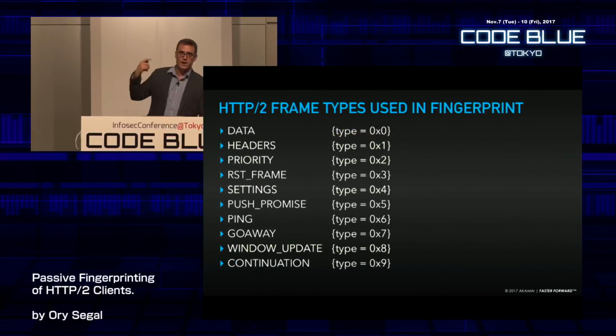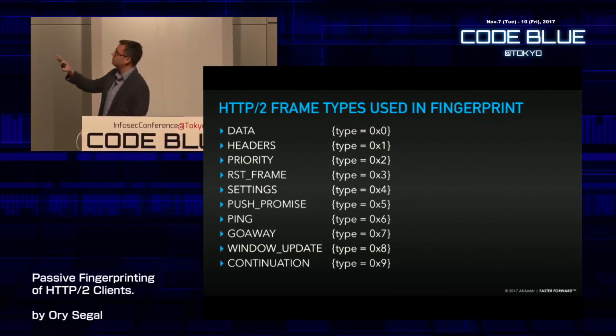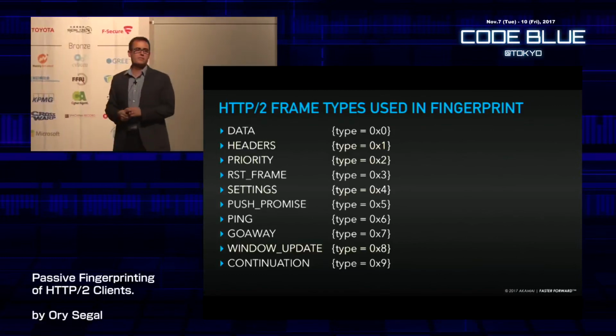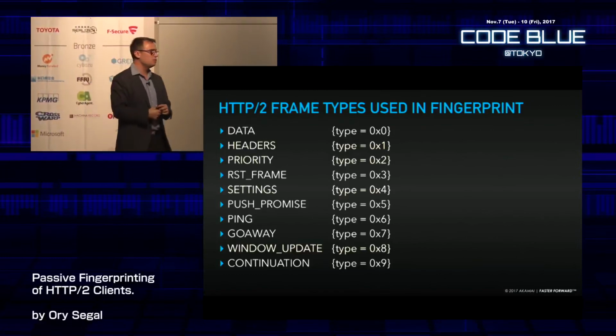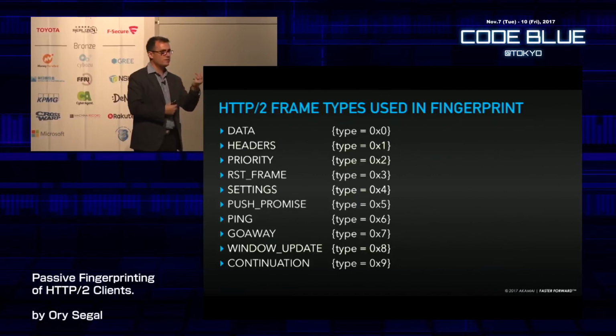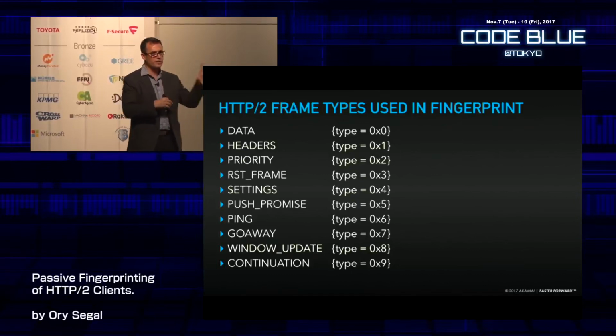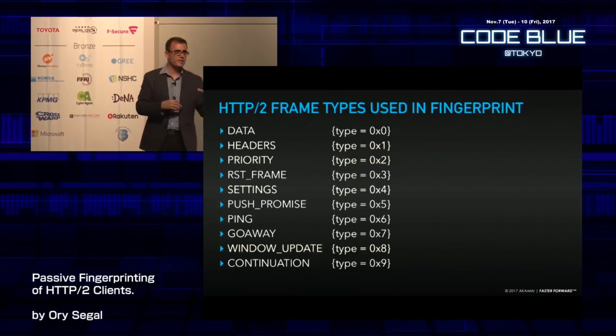So let's take a step back and get back to the types of the different frames. When we came to research passive fingerprinting of HTTP, we knew that we needed to find things that are consistent per client type, because I need something that will be consistent everywhere that client goes.